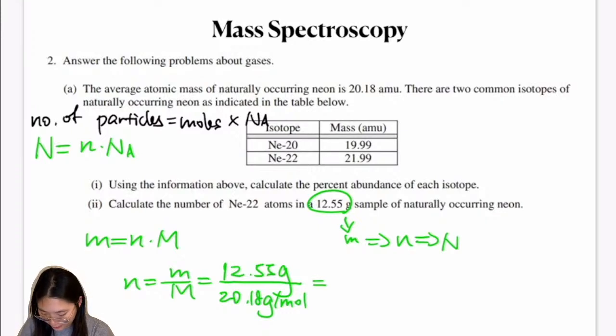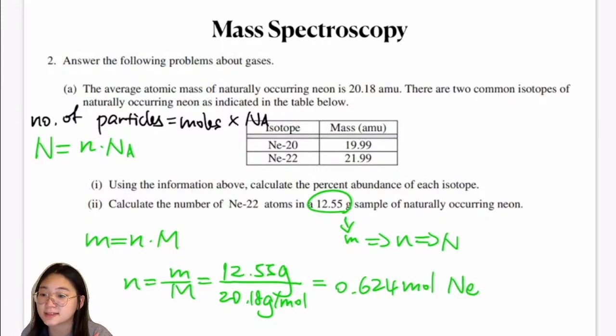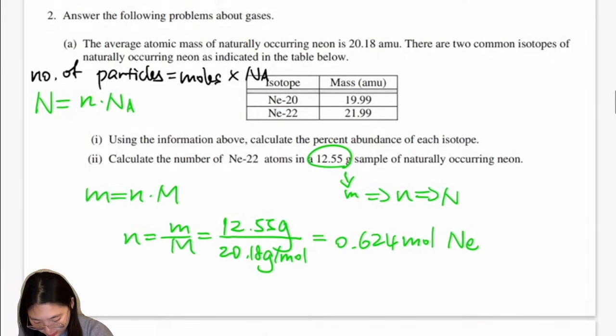Then we have 0.624 moles of neon. But again, this is not neon-22, this is just neon. Now we're going to calculate the number of moles of neon-22.